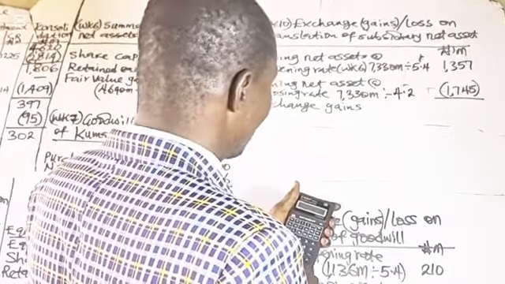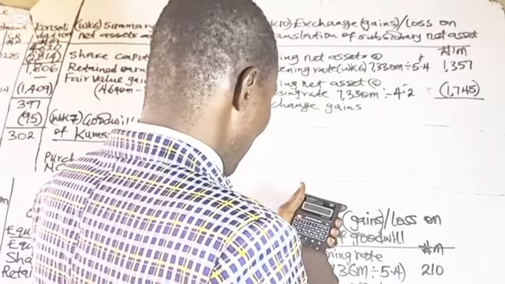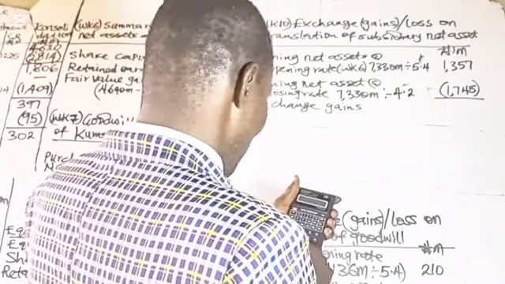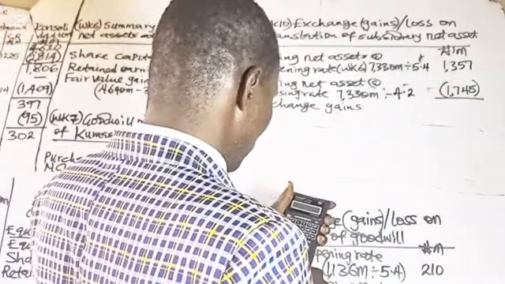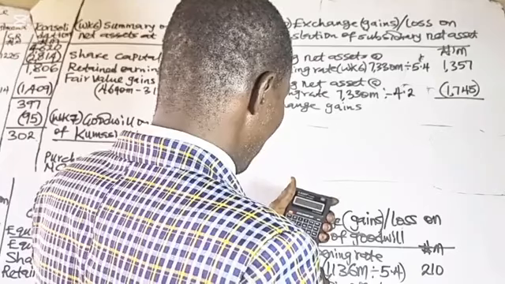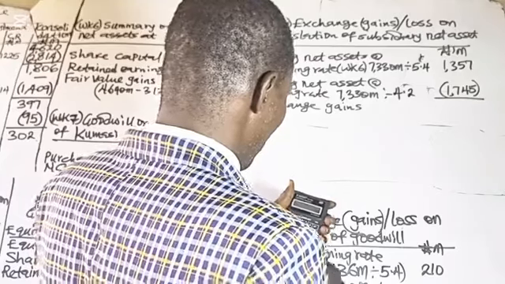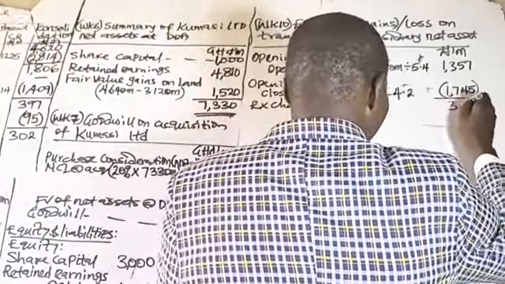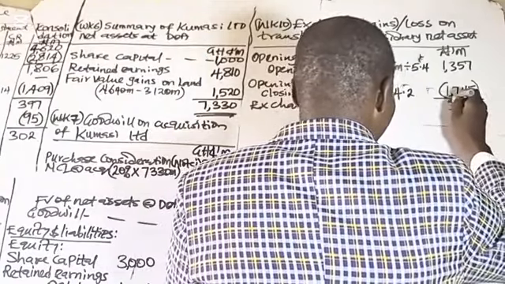The closing balance is greater, so you have the exchange gains of 1,745 minus 1,357. So we have 388.